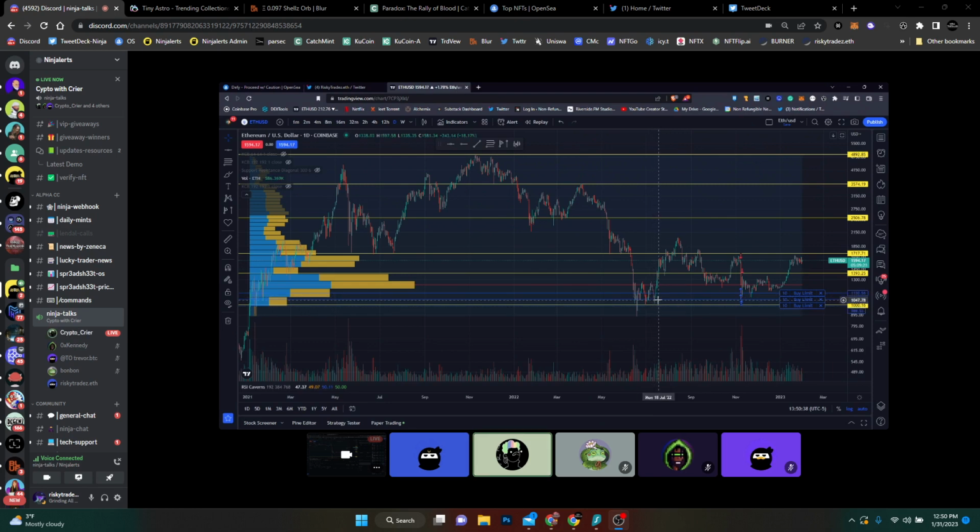Say your net worth is 10 ETH or something like that, I wouldn't trade more than, 10 ETH is not a ton to be trading with. When you're starting out with this stuff, I would probably be trading with 0.2, maybe 0.3 max. And these are the prices that you get.